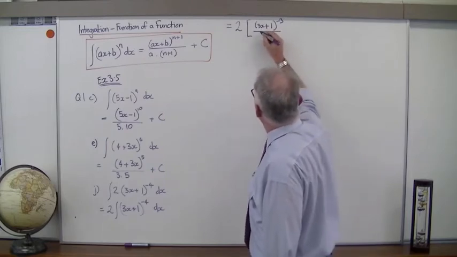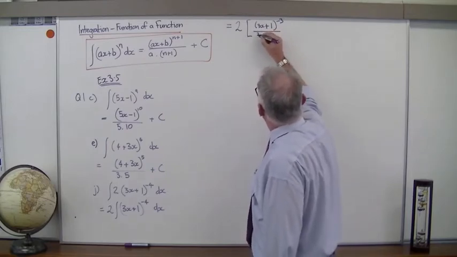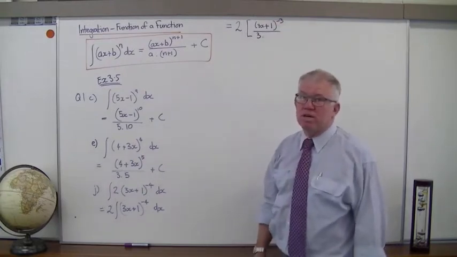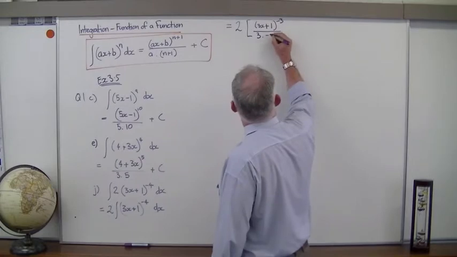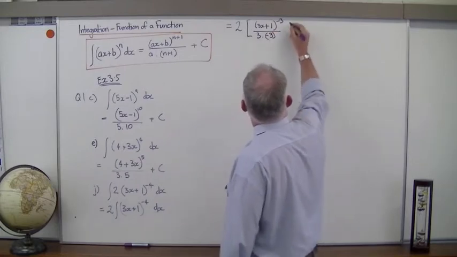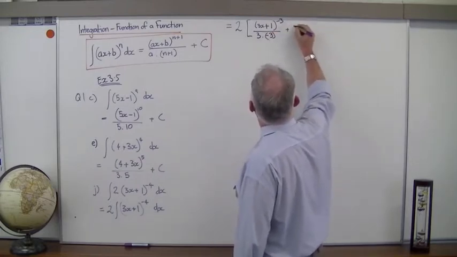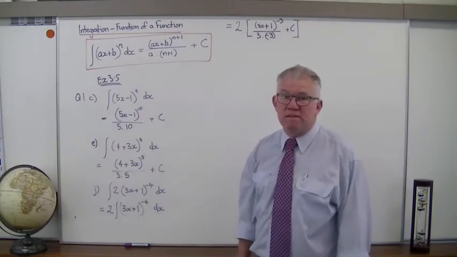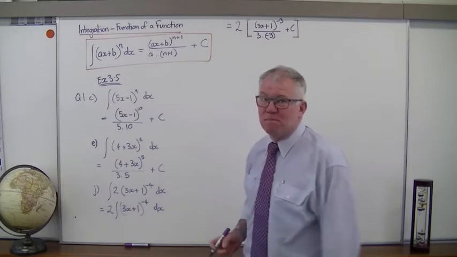That's the coefficient of the x term. So we'll put 3 here times, and this power now is minus 3. So we put that minus 3 here. Okay, and then we'll put the plus c inside the square brackets this time, but ultimately where the plus c goes doesn't make a big difference.